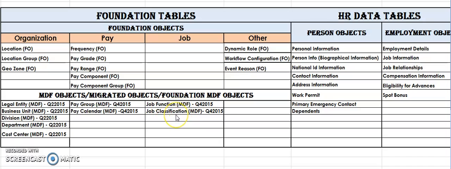And job classification is within the function, for example HR. If you take HR, it is classified into various levels in an organization, that is HR executive, HR team lead, HR manager.